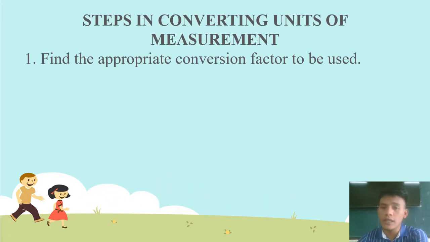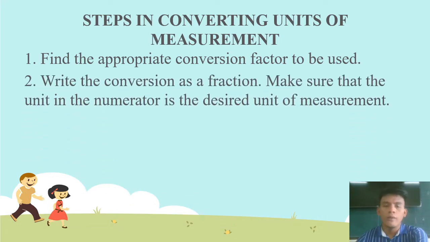Steps in converting units of measurements. As you can see in the steps for converting measurements of length, it is the same in converting measurements of weight. First, find the appropriate conversion factor to be used. Second, write the conversion as a fraction.